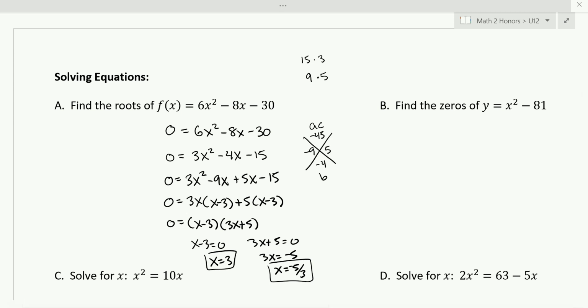So before we leave this problem, don't forget about all the graphing stuff we've learned. Logan, if I were to graph this, tell me one fact about that graph. It has a minimum. How do you know that?